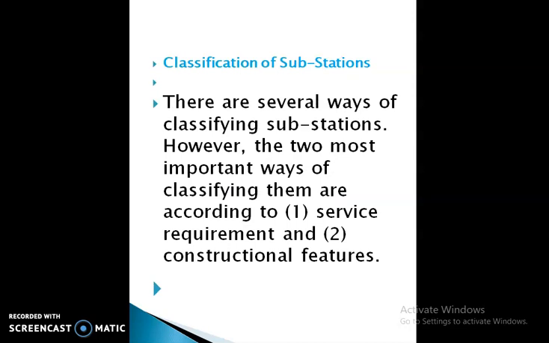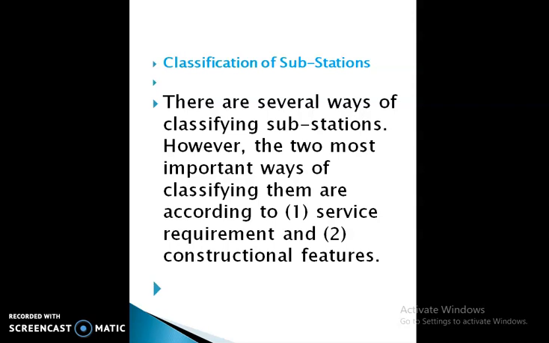Next, classification of substations. There are several ways of classifying substations.